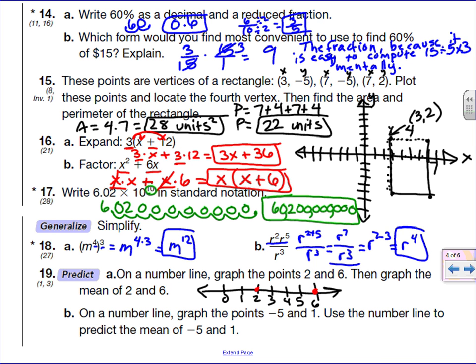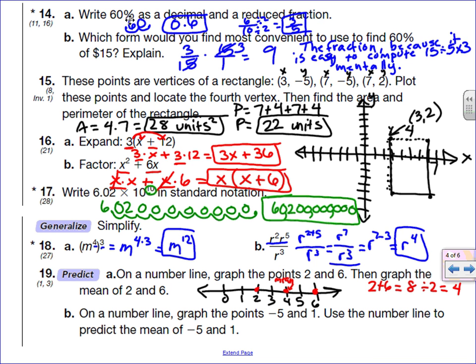And if I find the mean of 2 and 6, 2 plus 6 is 8, and then divide by 2, since there's two numbers, is 4. So then the mean is 4. If you can see, it's exactly in the middle of the 2 and the 6.